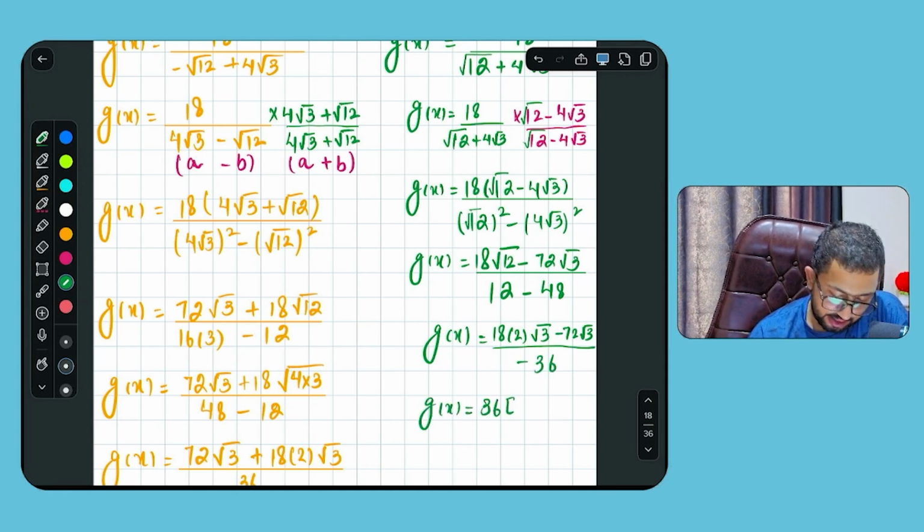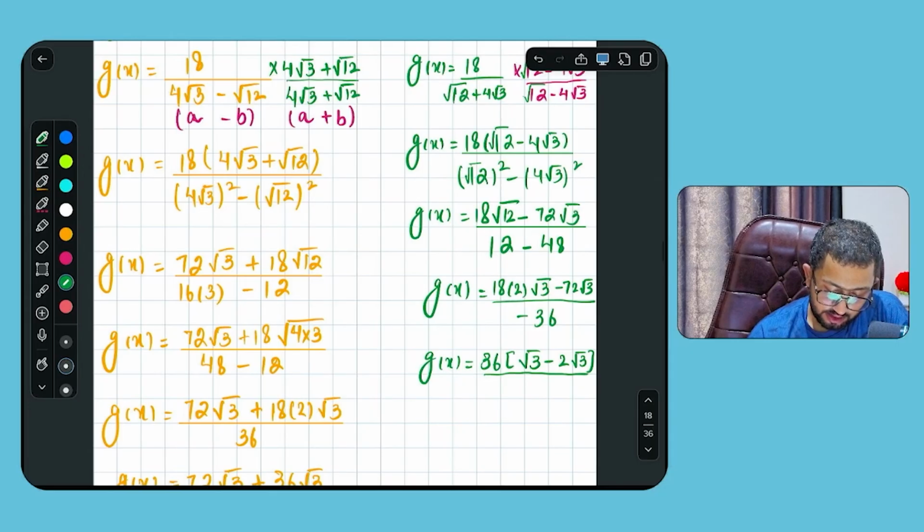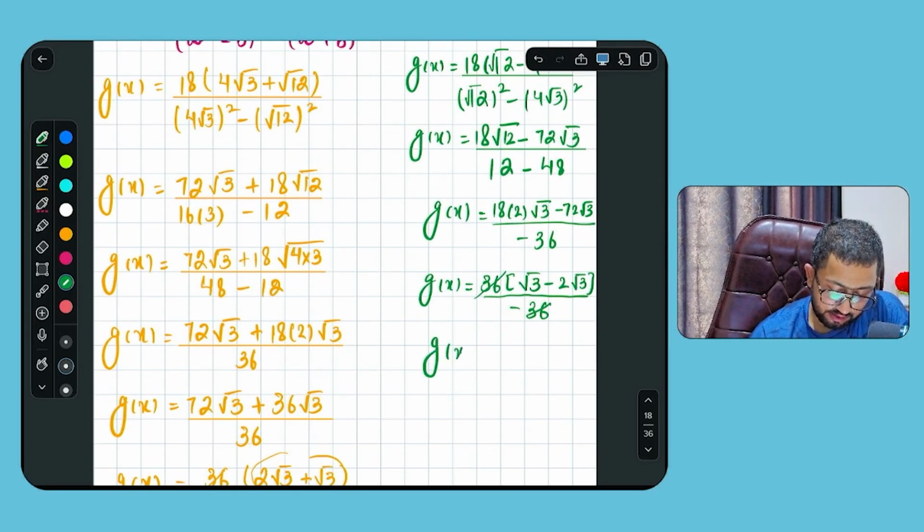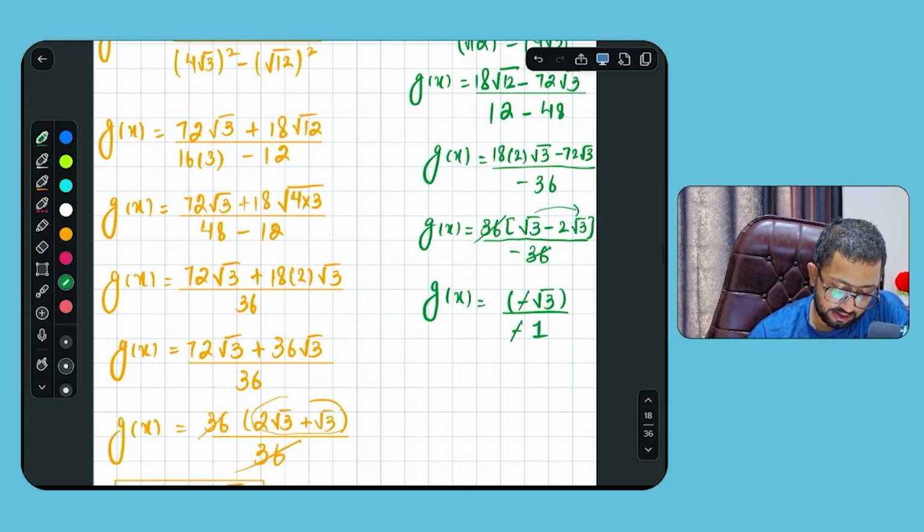I can take 36 common. Minus 36 cancel out. Square root 3 minus. So the answer is minus 1 square root 3 divided by minus 1 actually. It can be cancelled out. So g of x is square root 3.